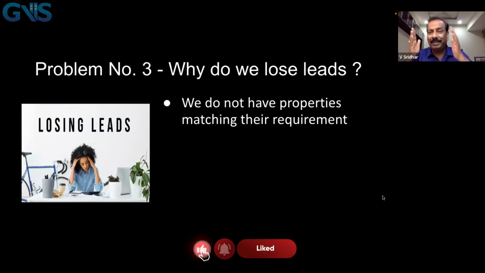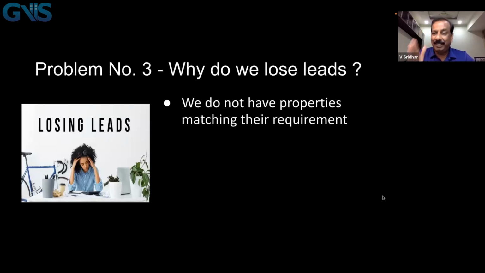Your role is to facilitate. You are only a facilitator, a facilitator between the buyer and the seller. And it should look worth every penny for him.